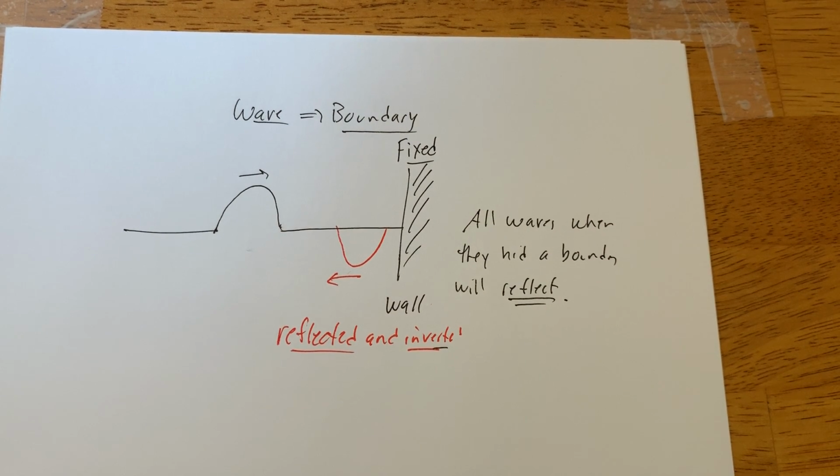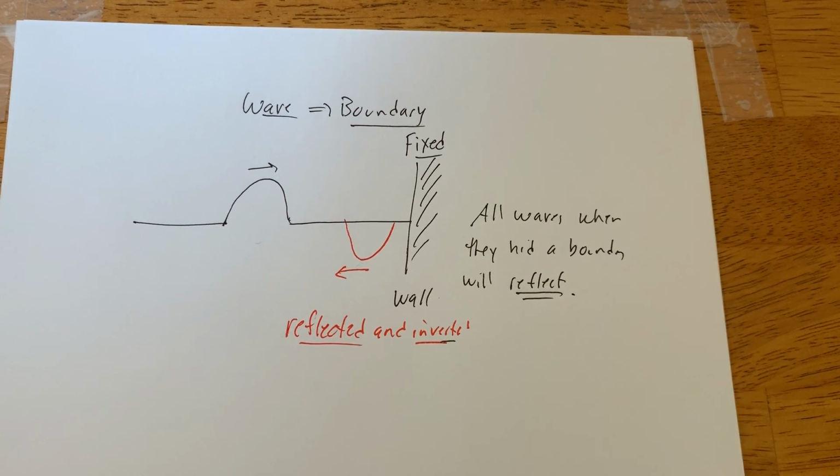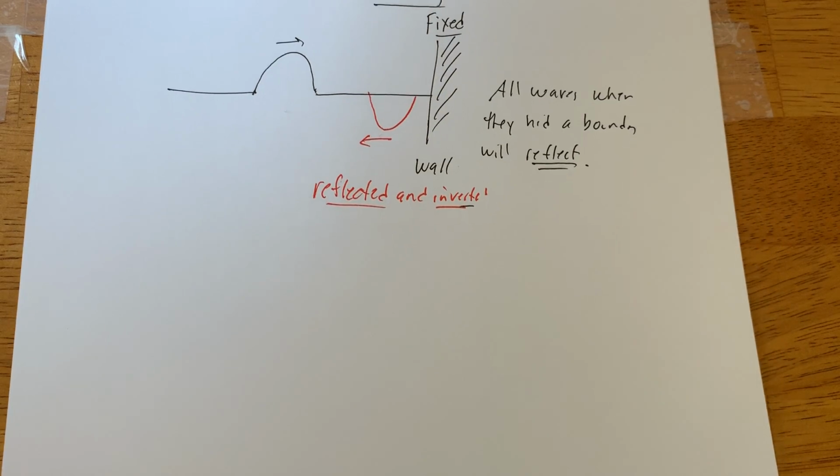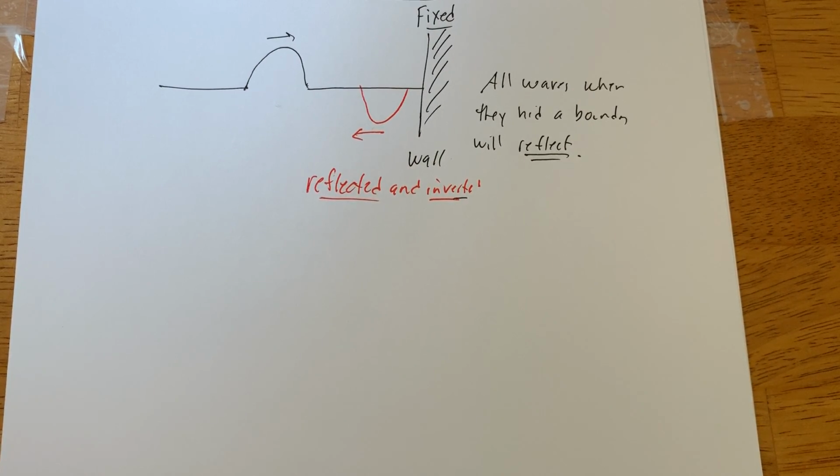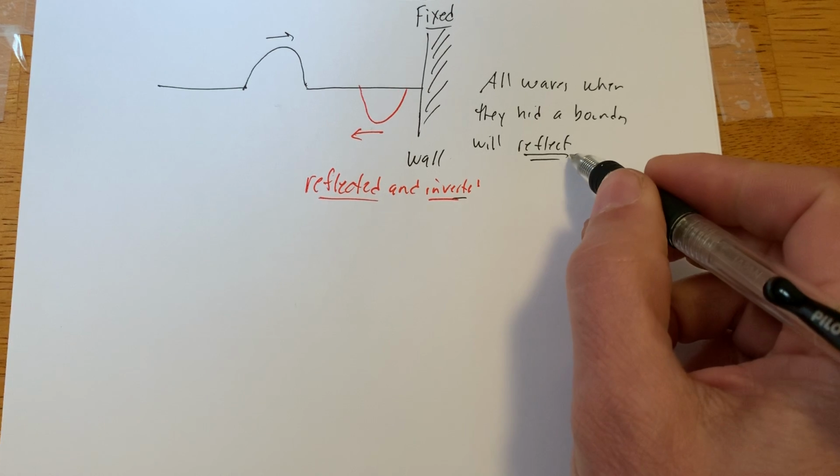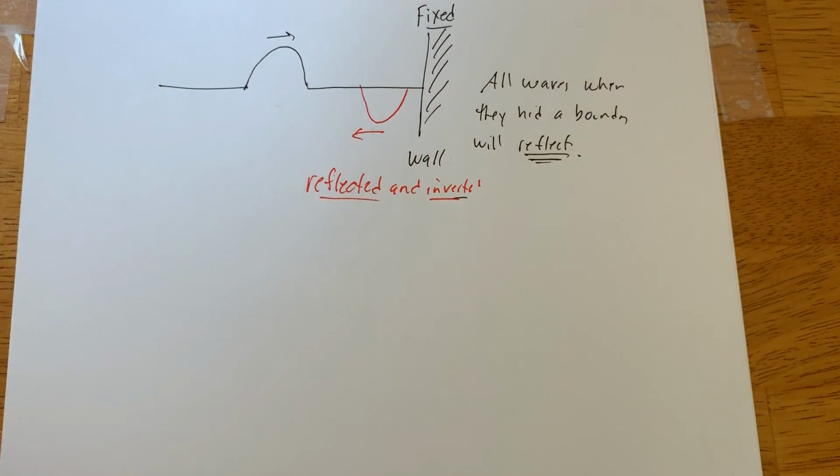We get reflection. In this particular case, it is in fact inverted. It's not always inverted. It's not something that we terribly need to worry about at this particular point. So what always happens? Reflection.